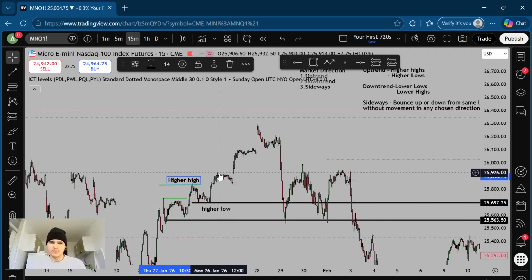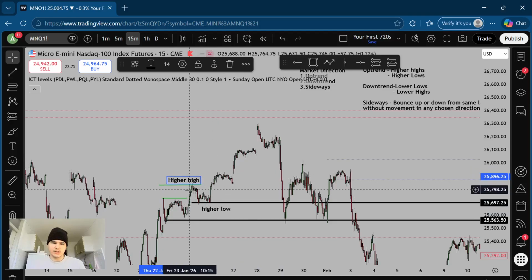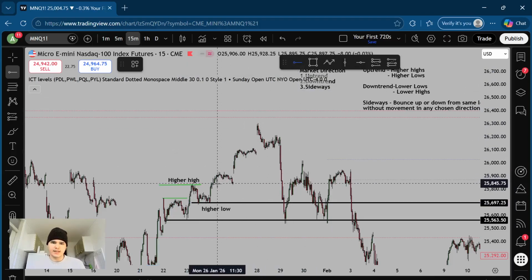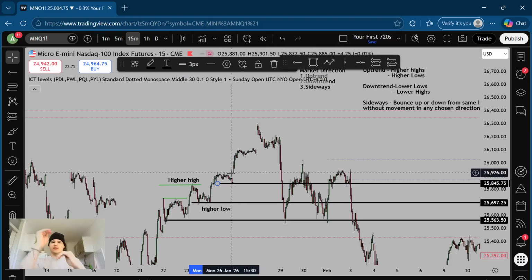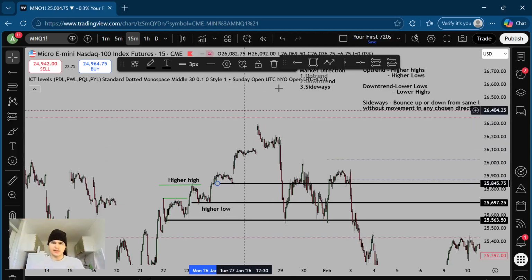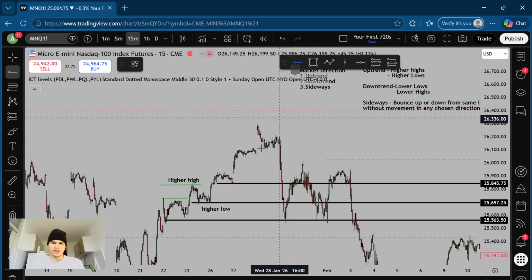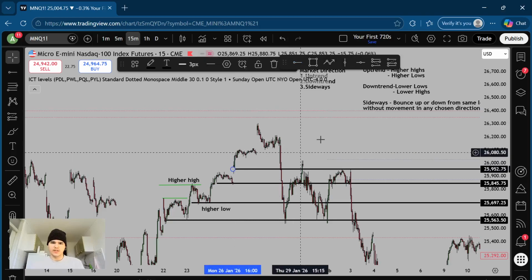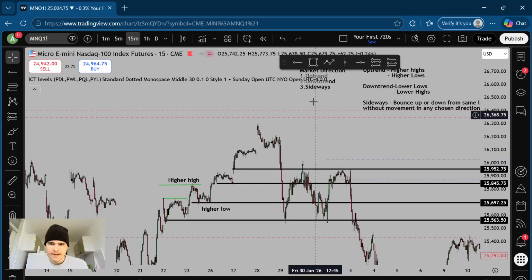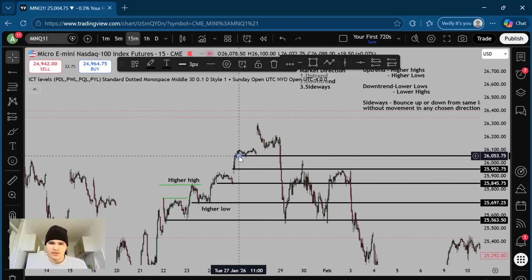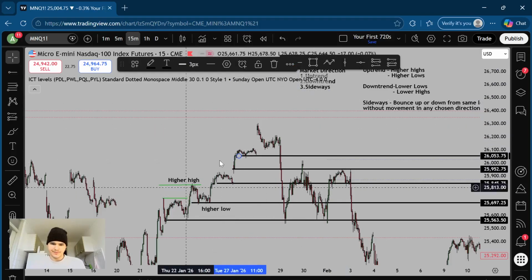Because this high over here is higher than this one, so we have a higher high and a higher low, and we continue that. This high then closes above the previous one, this low closes above the previous one, and it is like stairs, right? You just step slowly up and up and up, and you guys can see that right here. Every low closes above the last one, up until right here.